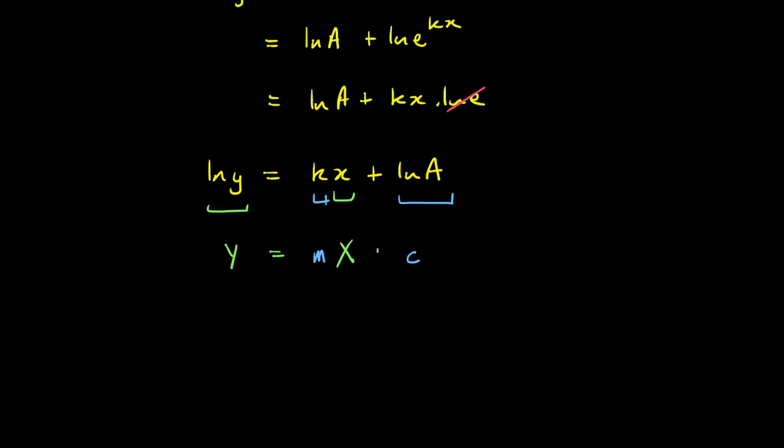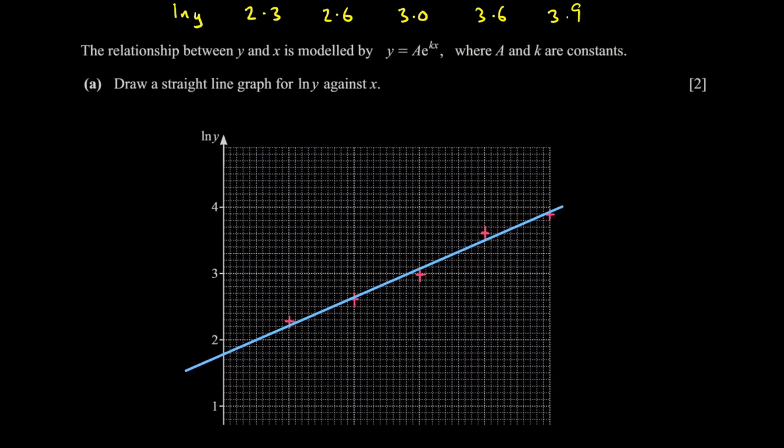So we get a straight line graph if we plot x against ln y, which is what we got on the previous page. And so if we want to find k, what do we need to do? We just find the gradient, because the gradient is equal to k. And how do we find a? Well, we know that ln a will be equal to the y-intercept c. So basically, we just have to find the gradient.